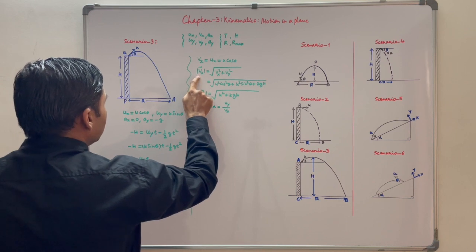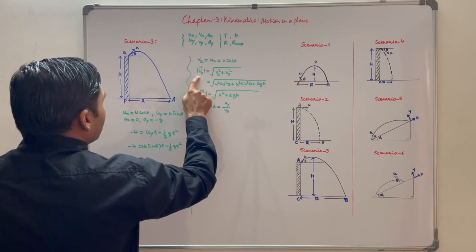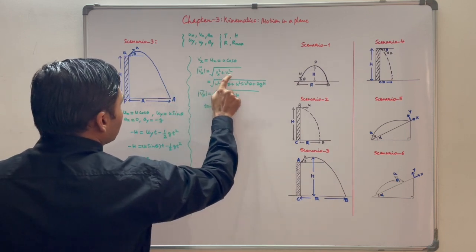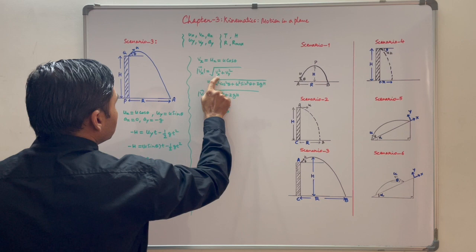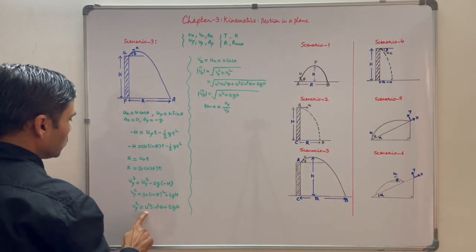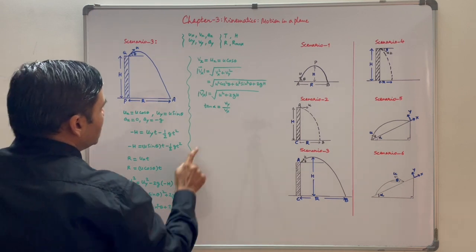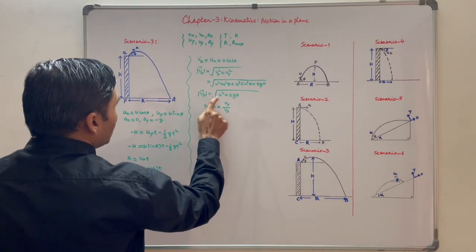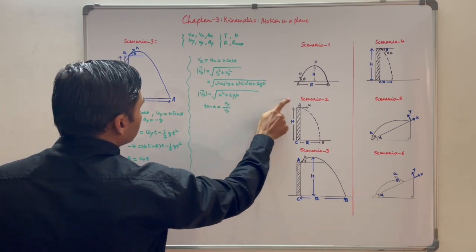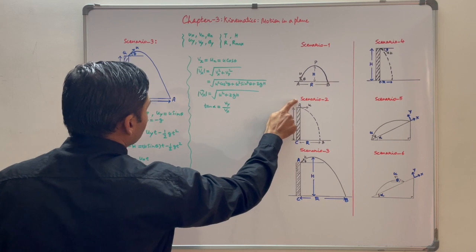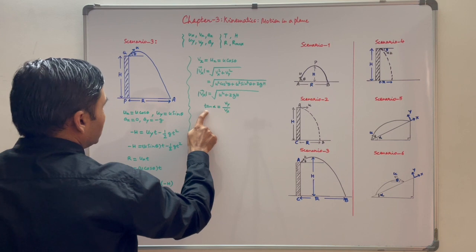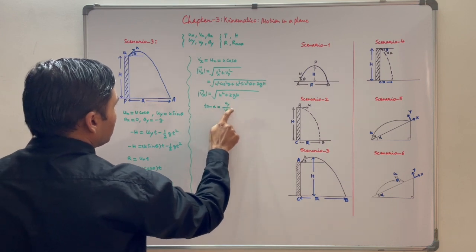So magnitude of Va, the velocity of the particle when it hits the ground, is equal to under root Vx square plus Vy square. Vx square is equal to u square cos square theta and Vy square is equal to u square sin square theta plus 2gh. So magnitude of Va is equal to under root u square plus 2gh. It is exactly the same as in scenario 2 when the particle hits the ground. Let us say velocity vector makes an angle alpha with the horizontal. Then tan alpha is equal to Vy upon Vx.